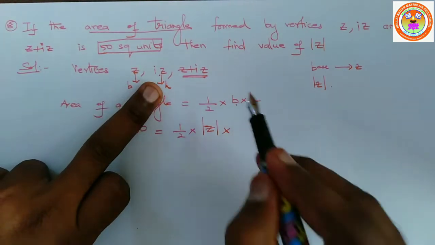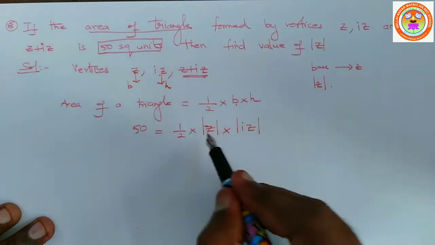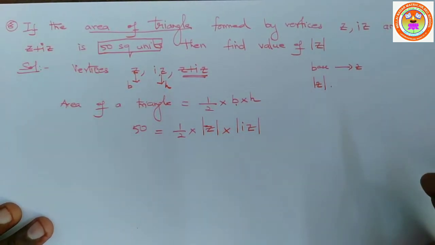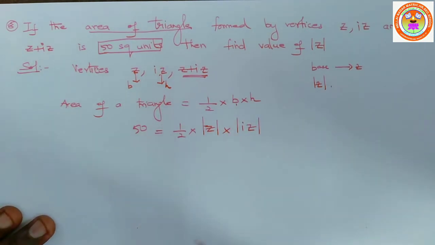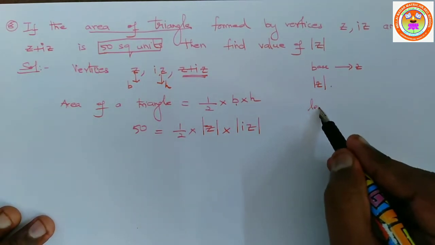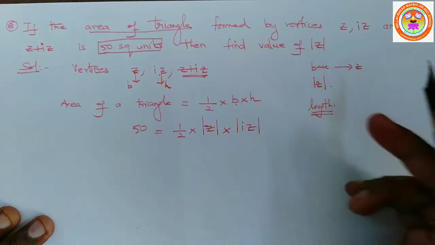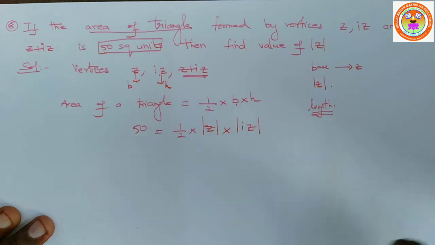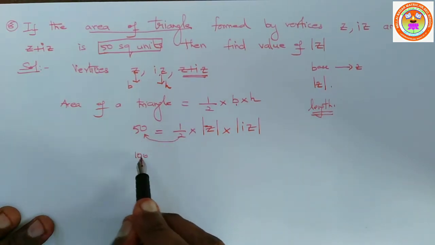This one is modulus of iZ. You should not put Z and iZ because Z is a point, a vertex. But I need the base, which is nothing but length, the distance measurement. So we use the modulus only. So 2 goes here, 50 times 2 is 100.